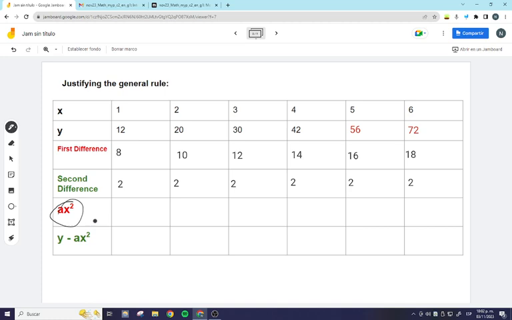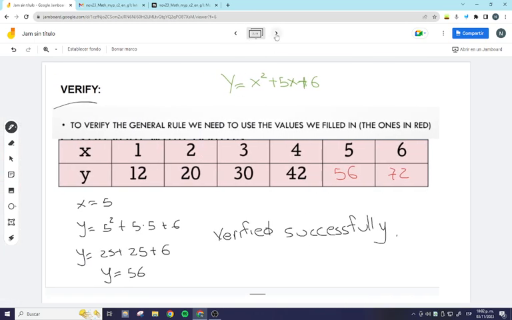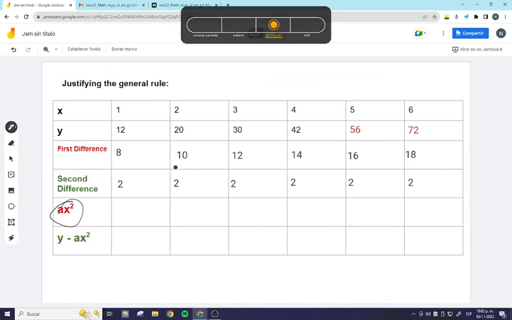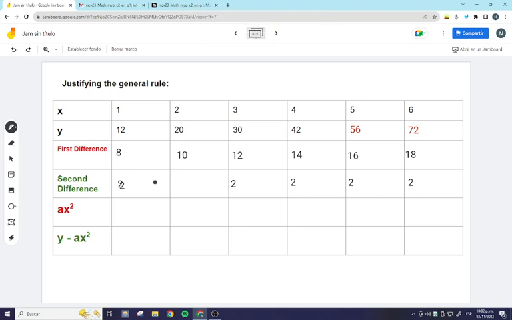Let's do it, and then I'll tell you how to justify. Okay, so ax squared. What was a? Remember, a was equal to 1.